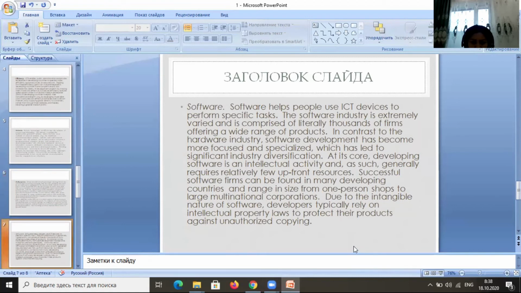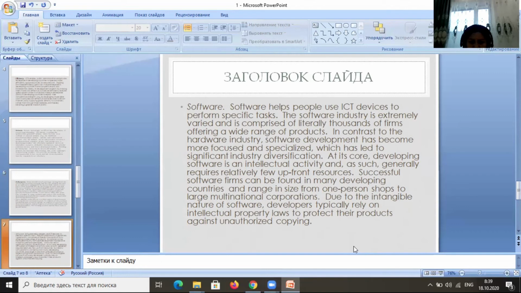Software. Software helps people use ICT devices to perform specific tasks. The software industry is extremely varied and is comprised of literally thousands of firms, offering a wide range of products. In contrast to the hardware industry, software development has become more focused and specialized, which has led to significant industry diversification.